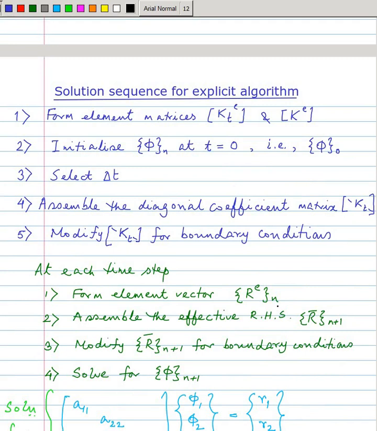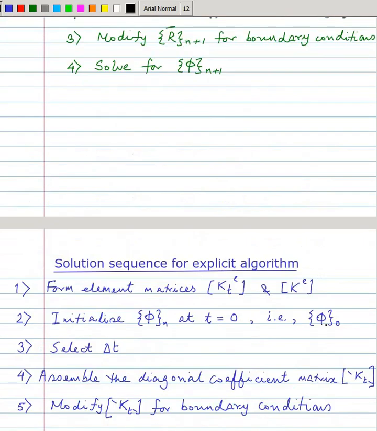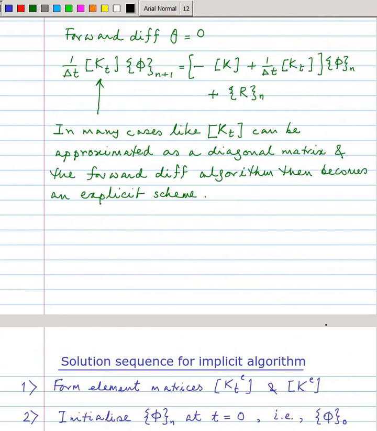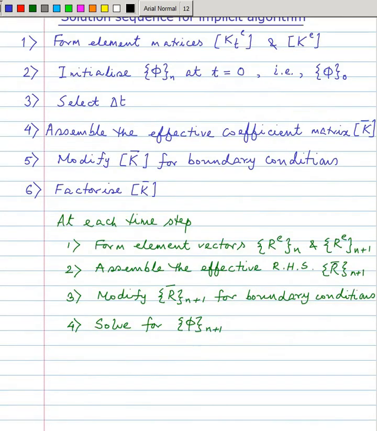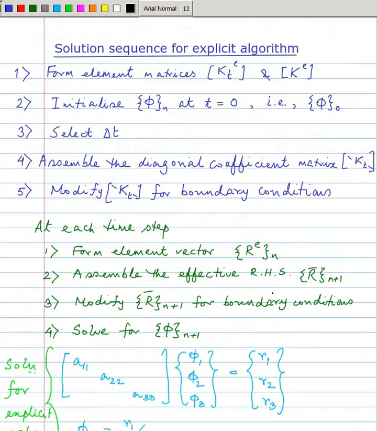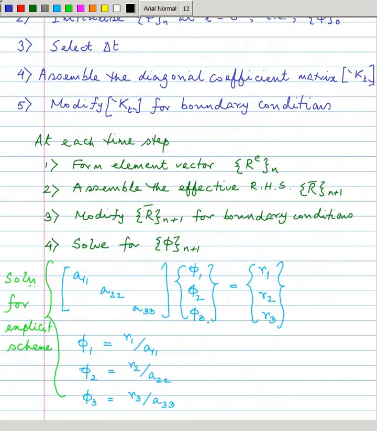Take the element vector at time t_n, assemble the right hand side R_(n+1), giving R bar n plus 1. These are the terms present. Then modify R bar at t_(n+1) for boundary conditions and solve for phi n plus 1.